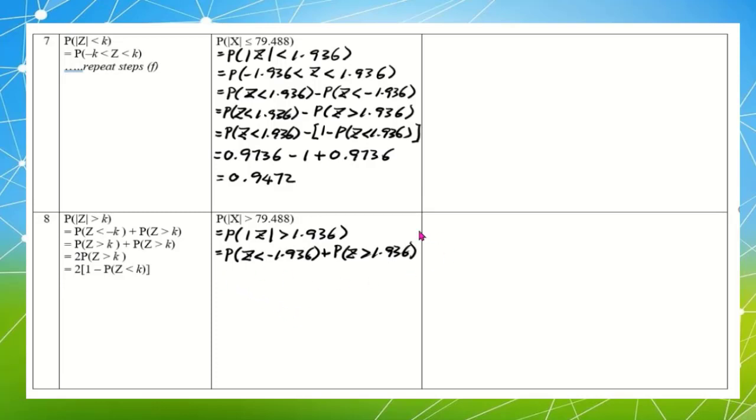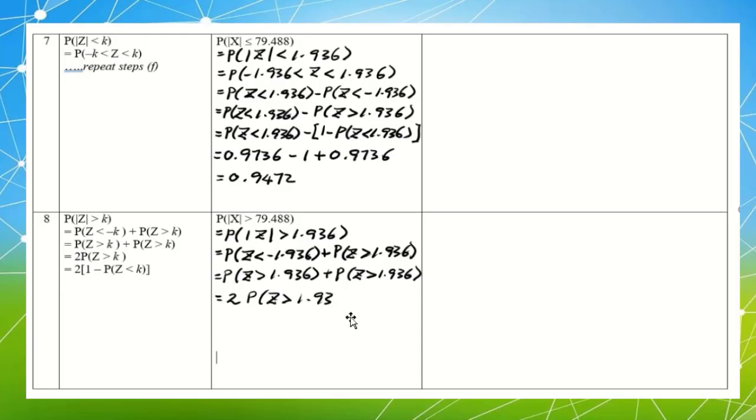Now I notice that I'm not ready to use the table because this is negative and this is greater than. First I'm going to change negative into positive. Then I get z greater than positive 1.936. I notice that these two are the same, so I can combine them to become 2 times the probability z greater than 1.936.